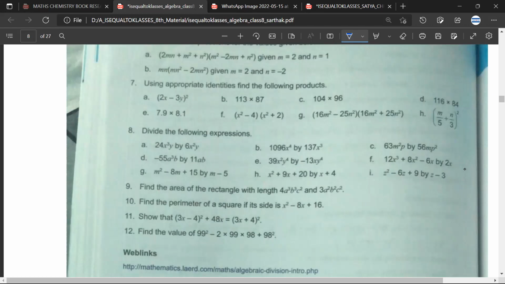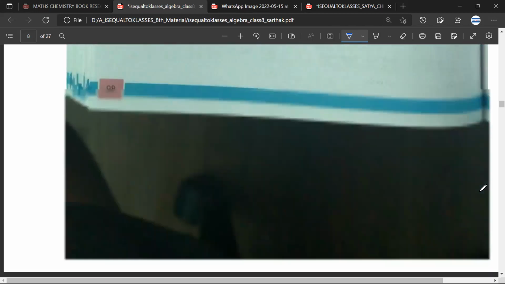Do you see these questions? Yes, sir. So try to finish these 4 plus 4, 8, 8 plus 3, 11 questions.